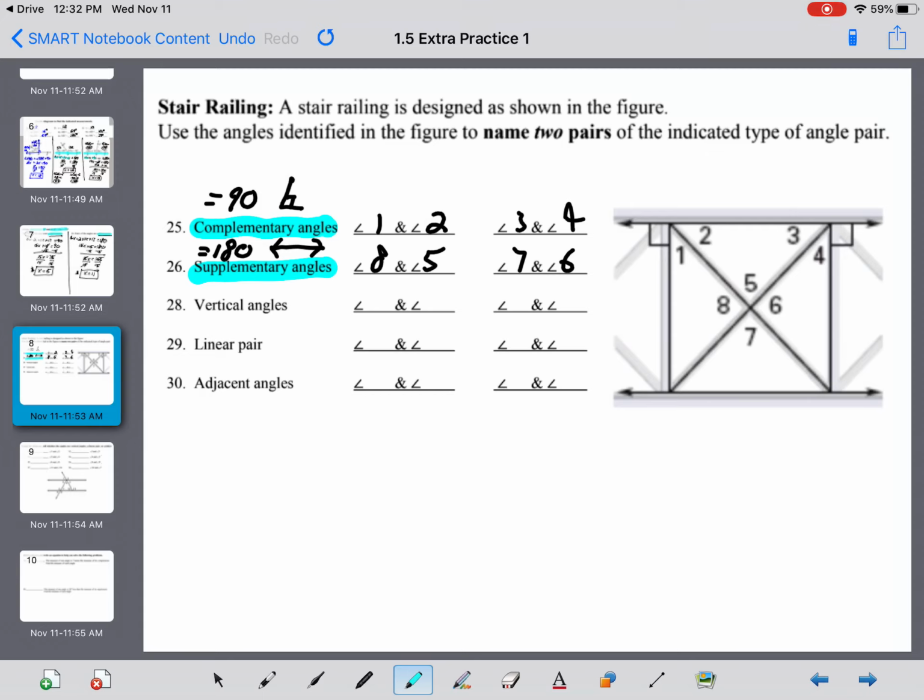Vertical angles, let's look for that bow tie. Well, I see it right here. And again, we could use different pairs than these, and that's okay. Our bow tie, I see angles 8 and 6 are vertical angles. And I see 5 and 7 are vertical angles.